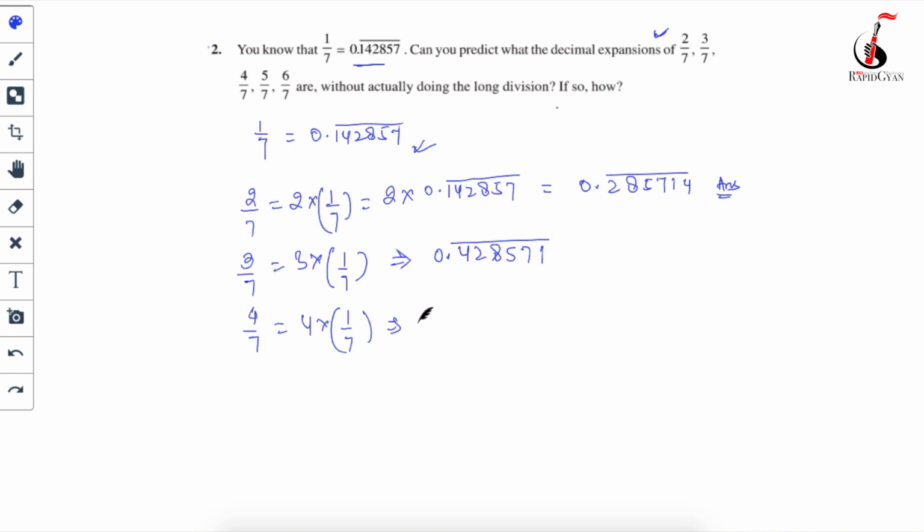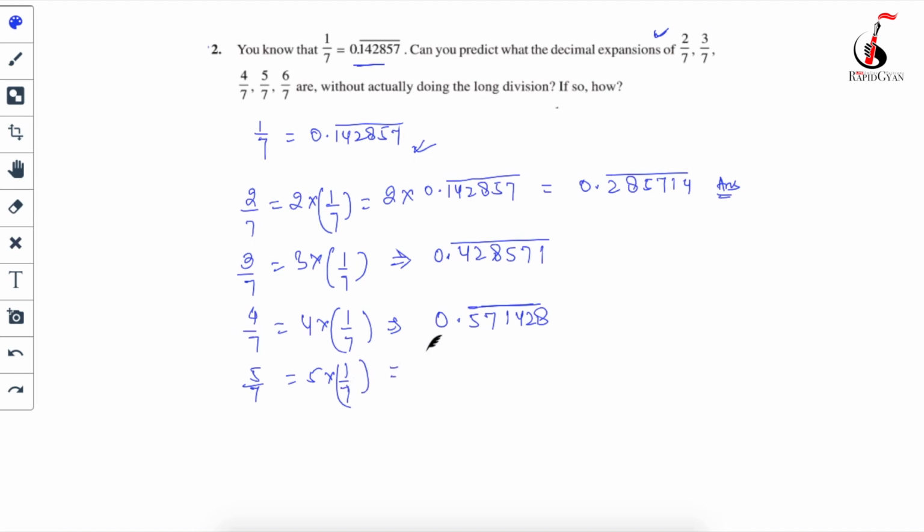Please make sure that you go and do this multiplication by yourself. So it will be 0.571428.